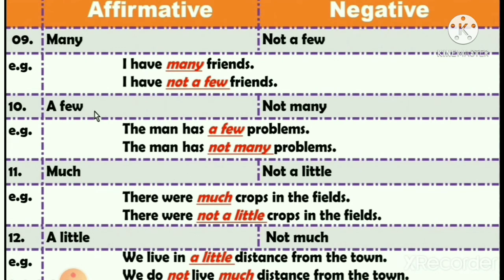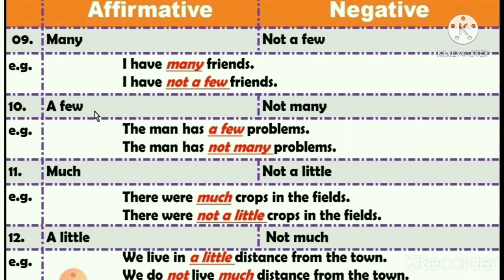Okay, we see some examples. I have many friends. I have not a few friends. In the opposite way, the man has a few problems, so we can change it in this way: the man has not many problems.